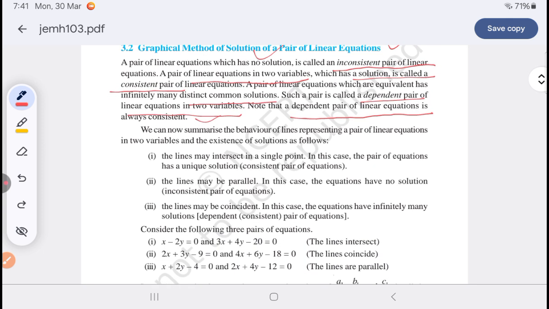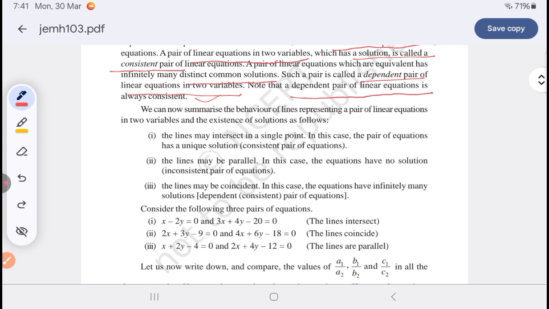Now we summarize the behavior of lines representing a pair of linear equations in two variables. First point: lines may intersect in a single point. In this case, the pair of linear equations has a unique solution, that is, a consistent pair of equations. Second, the lines may be parallel.